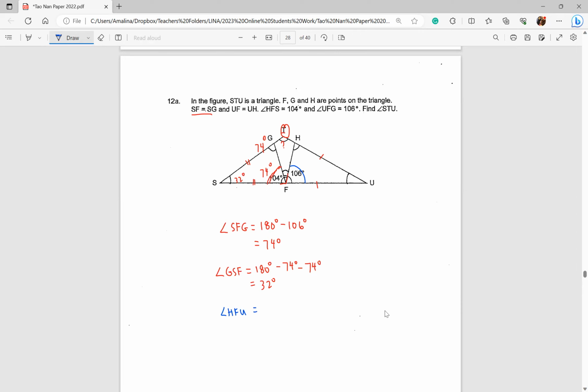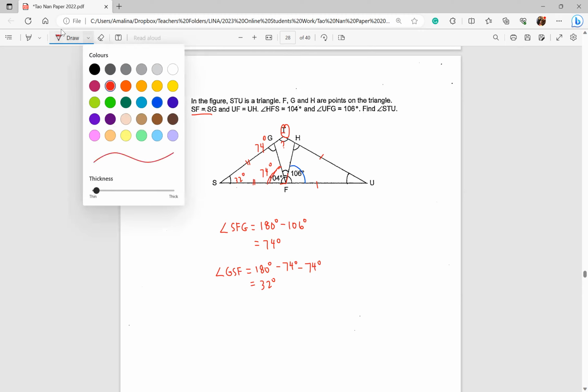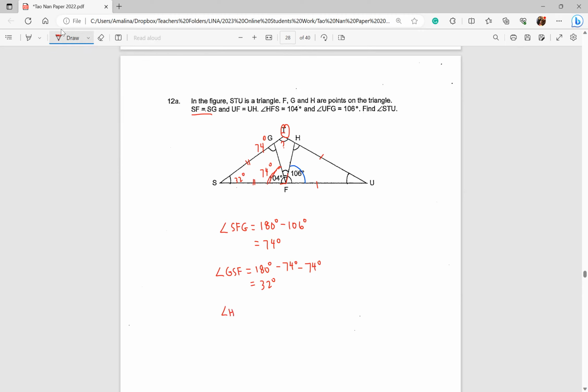Okay, by taking my, let me use back my red, 180 minus of my 104 degrees. So angle HFU will be 76 degrees.